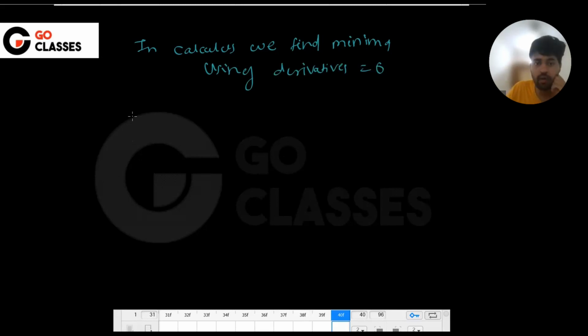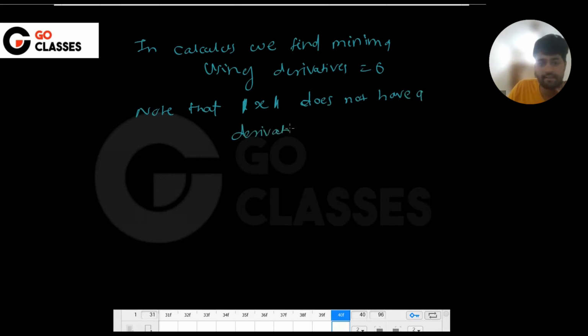Correct. Now the problem is, note that the absolute function or mod function does not have a derivative at x is equal to 0.